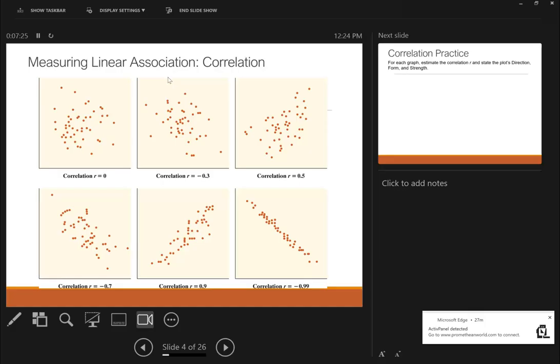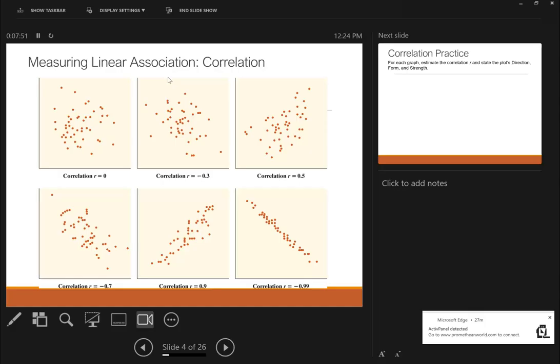Everybody okay? The point of this is just to give you some intuition about what these things would look like. So if you're looking at a scatter plot and asked to estimate the R value, you could do a decent job there. If I asked you to do this on a quiz or a test, I might give you a range of 0.2.